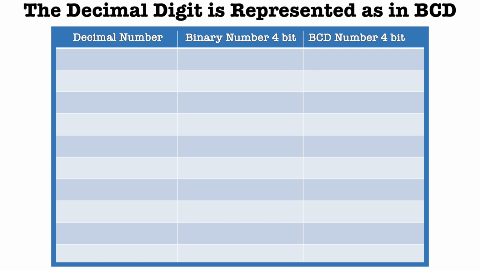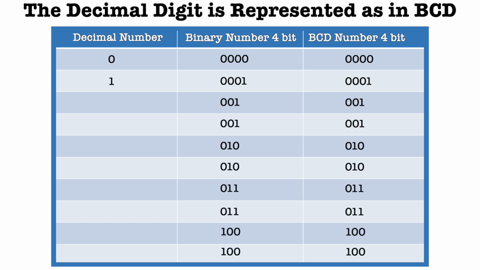So 0 is represented by 0000 in binary and in BCD also. 1 is represented by 0001 in BCD and binary, right? So you can see in the table, from 0 to 9 the binary number and the BCD number are the same for 0 to 9 decimal numbers, right?